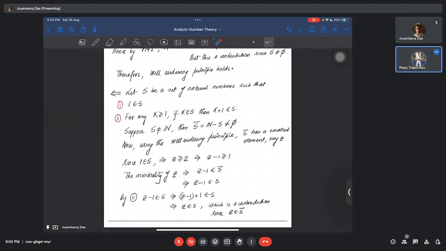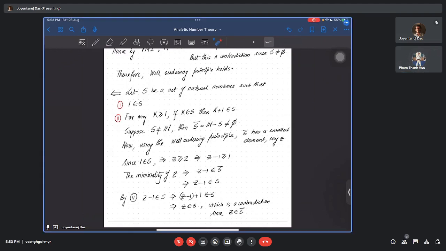So we have three assumptions here: the well ordering principle, and the two assumptions of the induction hypothesis.